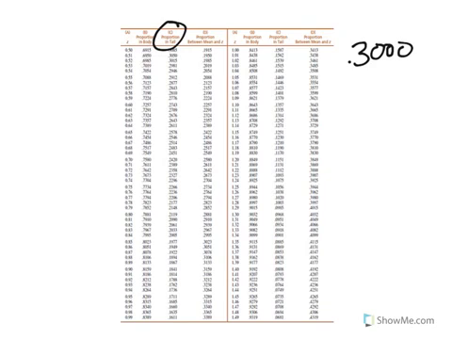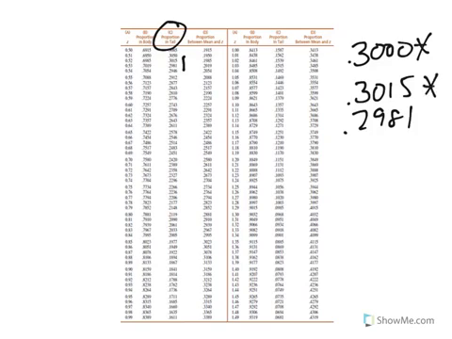And if you see here, there are two that are relatively close. We have 0.3015 and 0.2981. In the last example, they were equal distance from this ideal value that we were looking for. And in this case, they're both very close, but we recognize that one is closer than the other. And the one that's closer is actually this one.